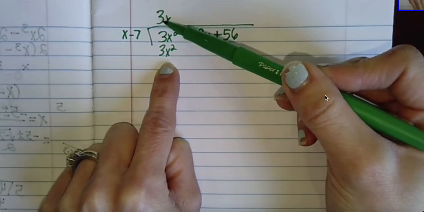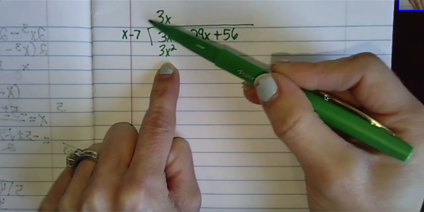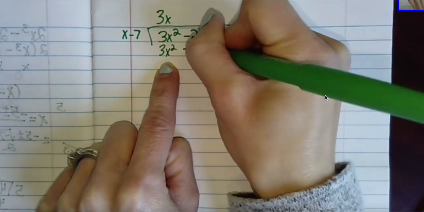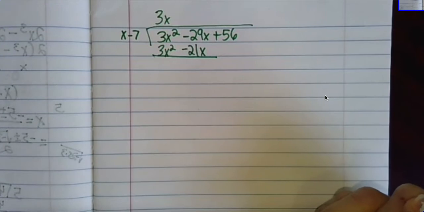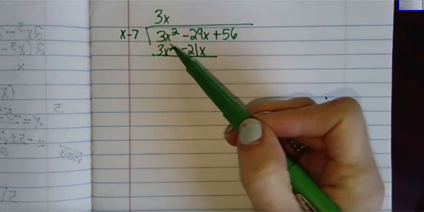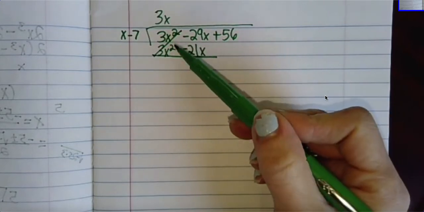Now, what is 3x times negative 7? I'm basically distributing it. Negative 21x. And then now I'm going to subtract. That's the only thing you need to be careful on. These should always go away. The 3x squares go away.